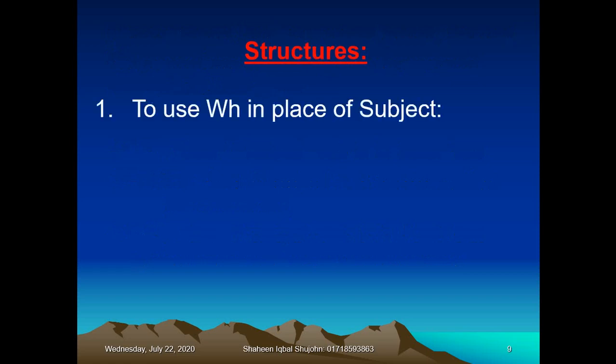Structures to make WH questions. Normally we have to follow two rules, two structures to make WH questions. First one, if we want to make WH questions in place of the subject, then this structure must be followed.